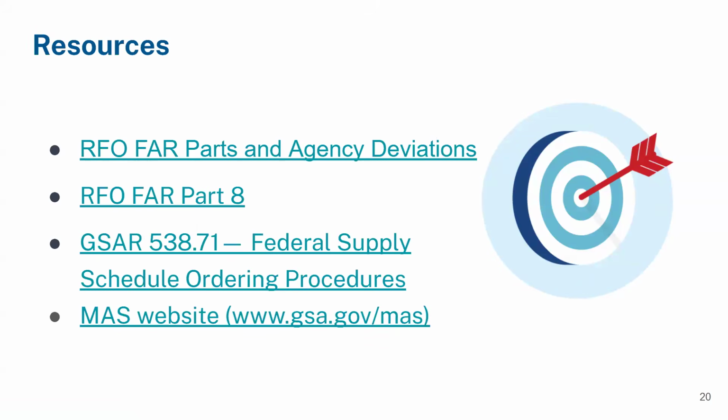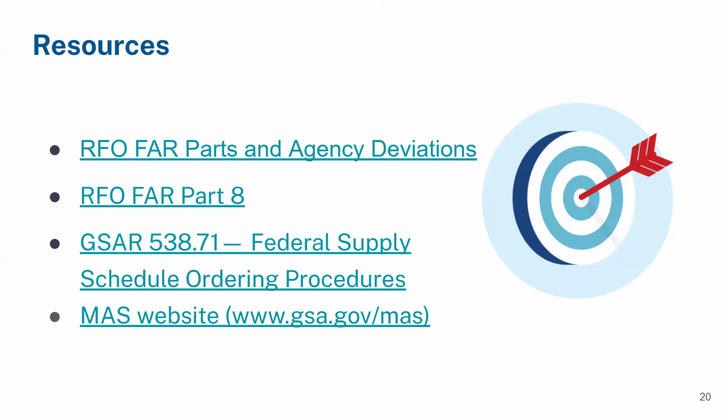It really follows that graphic on the first or second slide, whatever it was. So on acquisition.gov, we have the RFO FAR parts, and listing which agencies have process deviations for that. Within that, you could go directly into the RFO FAR Part 8. That RFO FAR Part 8 specifically references 53871 for Federal Supply Schedule ordering procedures.